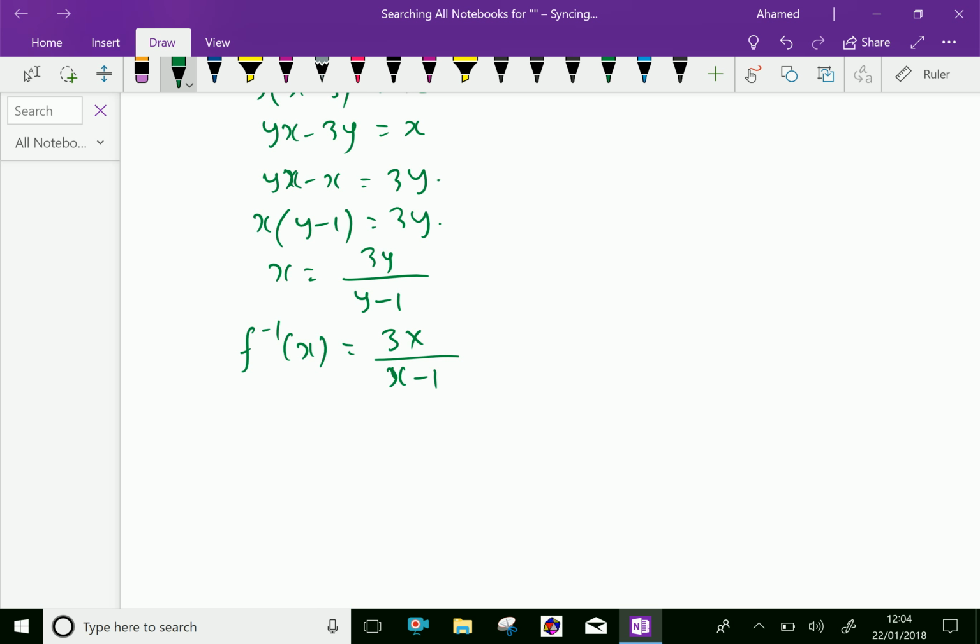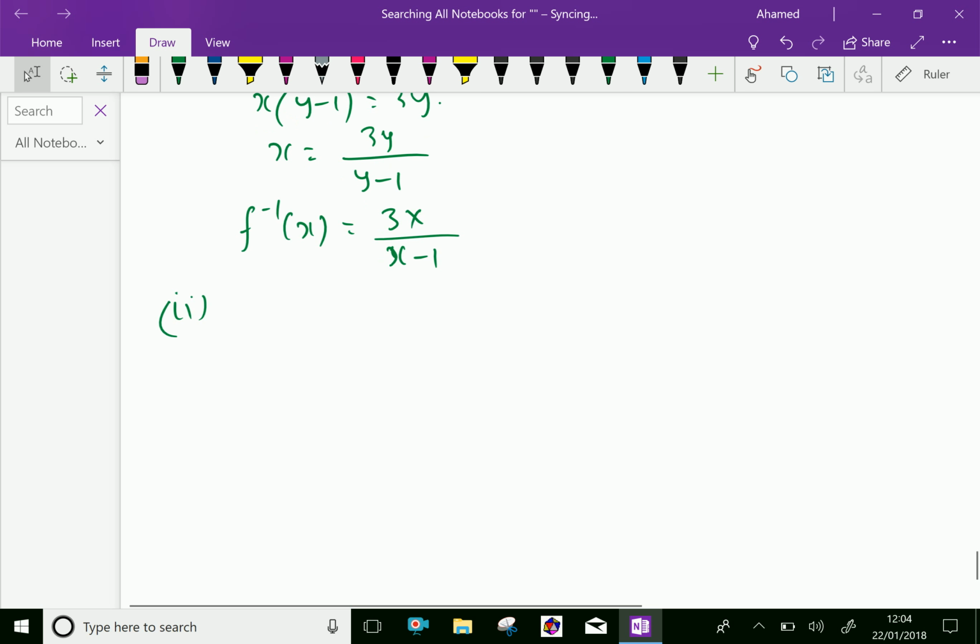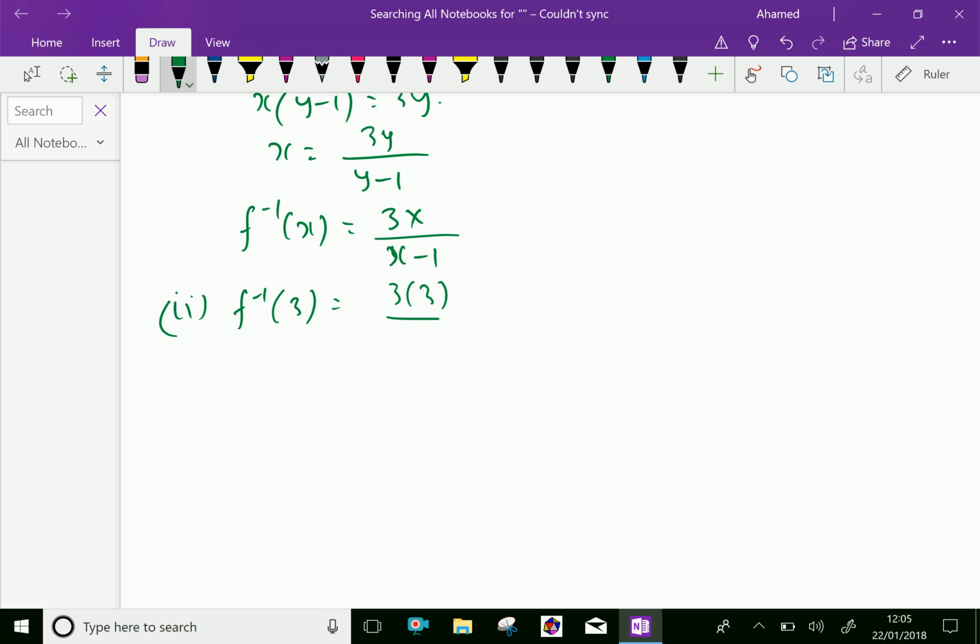The second part of the question asks for f inverse 3. F inverse 3 equals, substituting x as 3, 3 times 3 over 3 minus 1, which equals 9 over 2.